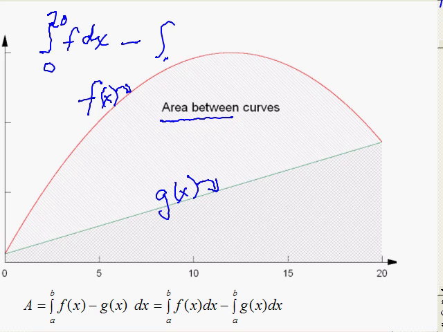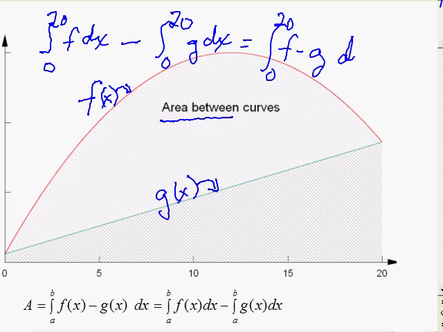I'm subtracting off the area between the x-axis and the blue line, which is g of x, and the result is the area between the curves. Using that linearity property, I can write this as the integral from 0 to 20 of f minus g dx, and that's the expression down here at the bottom of the page.